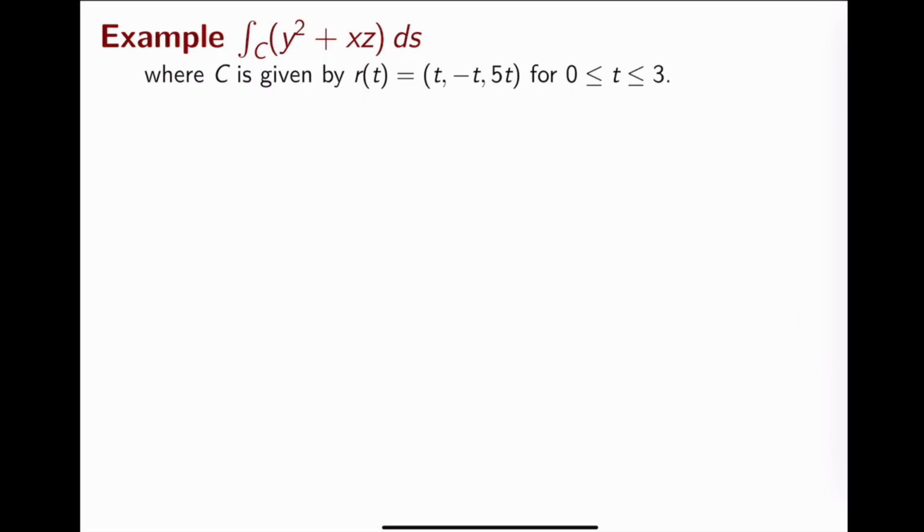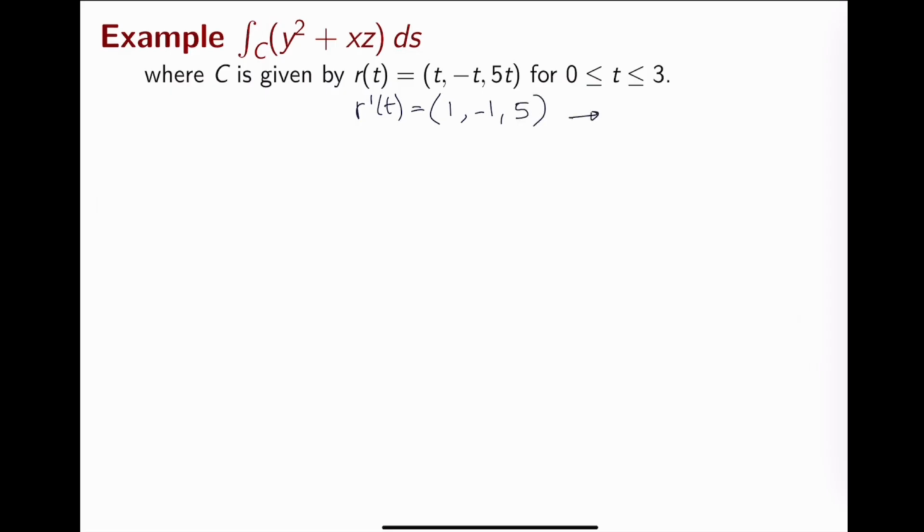So let's calculate the integral of this function now over this curve where the variation of the parameter goes between 0 and 3. Again, having the curve, we need to calculate the derivative of the curve. In this case the derivative of t is 1, derivative of minus t is minus 1, and derivative of 5t is 5.